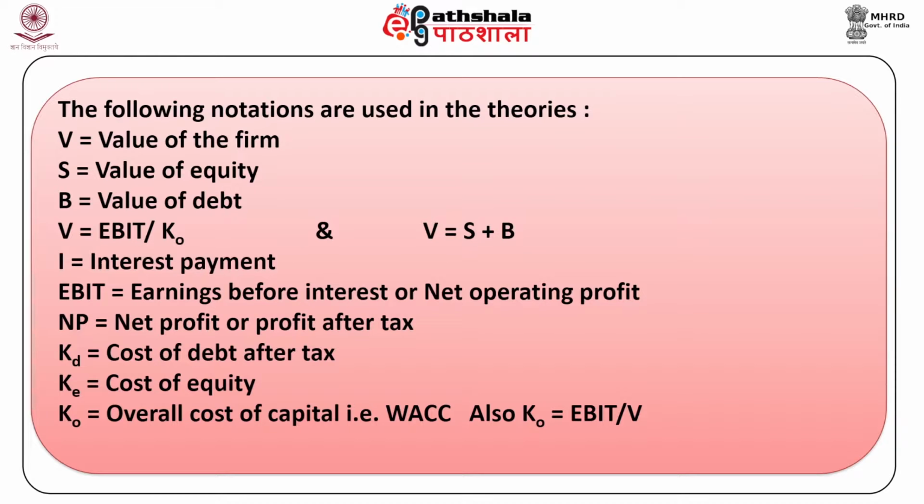KD is equal to cost of debt after tax. KE is cost of equity and KO is the overall cost of capital, that is WACC. Also, KO is equal to EBIT upon V.